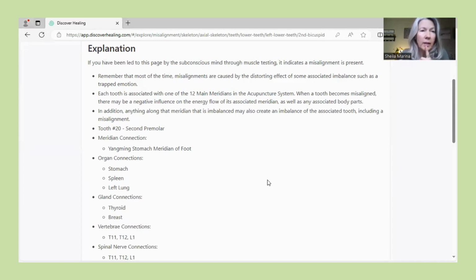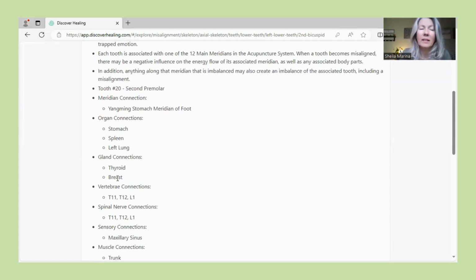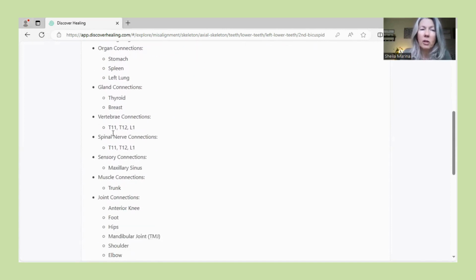So this is tooth number 20, and at least in humans, of course, in dogs, it's indicating that there is something. The meridian connection is the Yang Ming stomach meridian of the foot. The organ connections with this tooth are the stomach, the spleen, and the left lung. The gland connections are thyroid and breast. The vertebrae connections in dogs might have a little different number count, but there are something along the thoracic and the lower vertebrae, somewhere in and around right here.